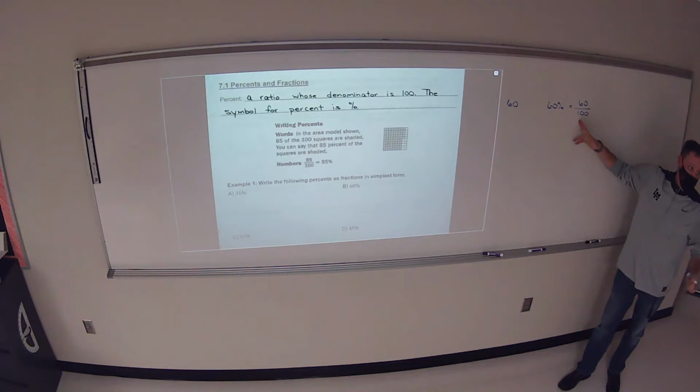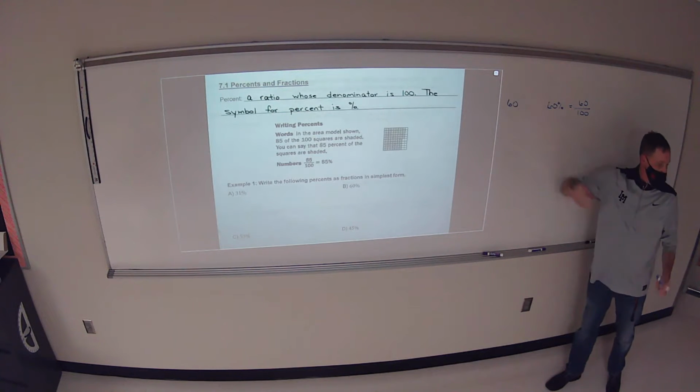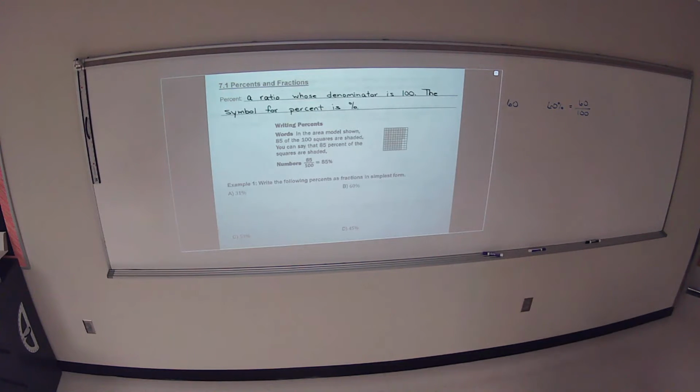And the last I checked, 60 divided by 100 is not the same as 60. So when we take our next assessment, and the answer is supposed to be a percent, and you don't write it as a percent, it's wrong. Because the number 60 and the number 60% are two completely different things. Okay? Make sure that if we're writing answers as percentages, we are using a percent symbol.